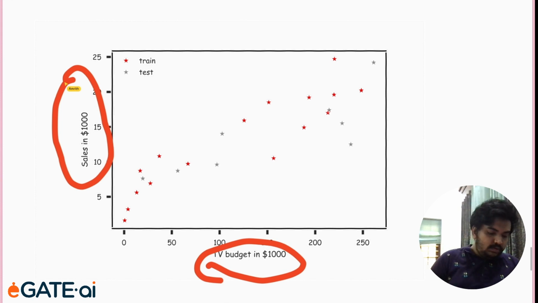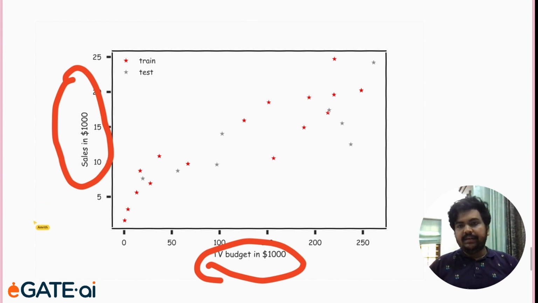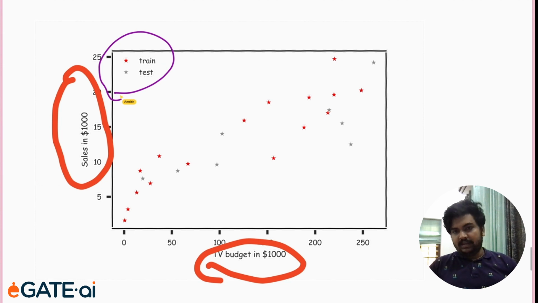Now, those marked in red are what we call the training data points, and those marked in gray are the test data points. So the legend is shown here. Remember, we can only use those in red, that is the training data points, to learn a function.